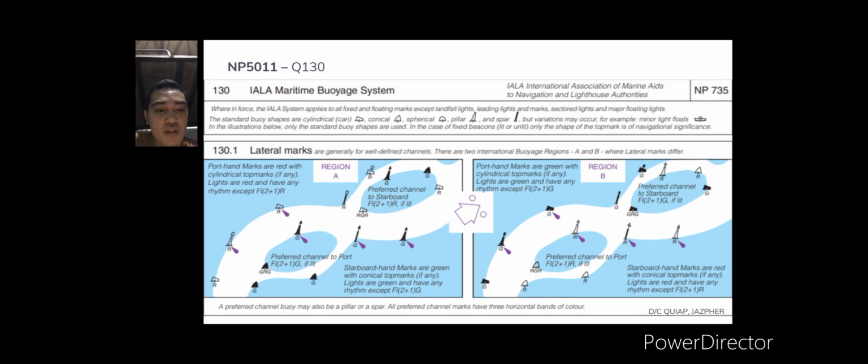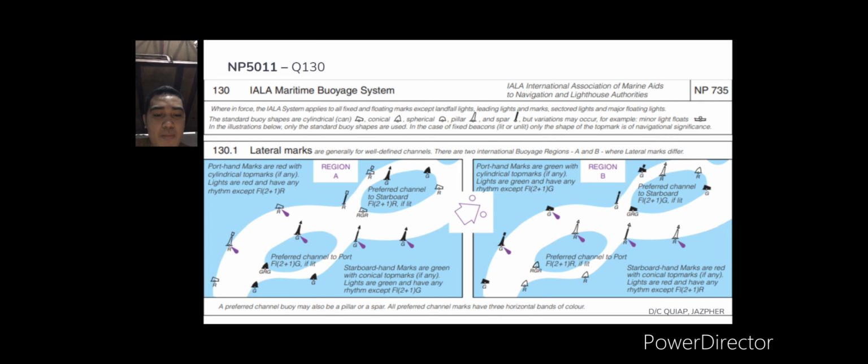Buoyant marks are red with cylindrical top marks. Lights are red and have any rhythm except F2 plus 1R. Shape. The symbol for a spar is also used to indicate a spindle buoy.